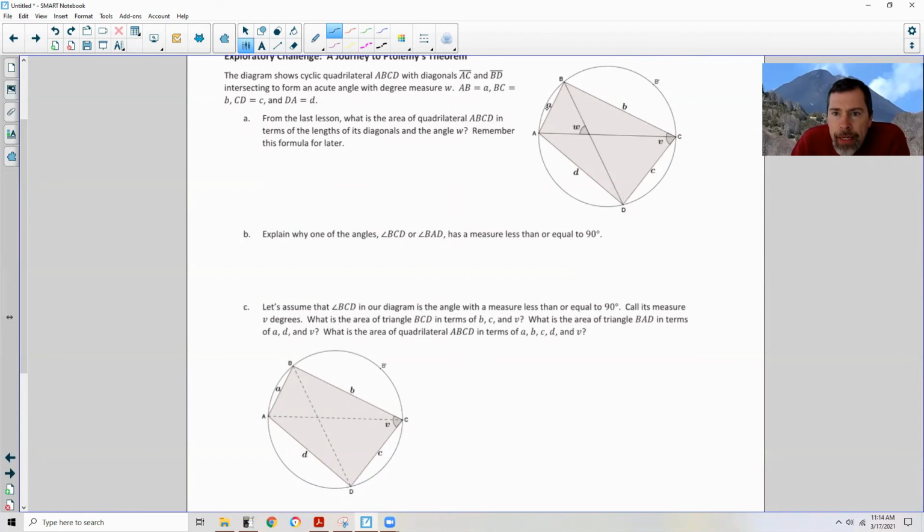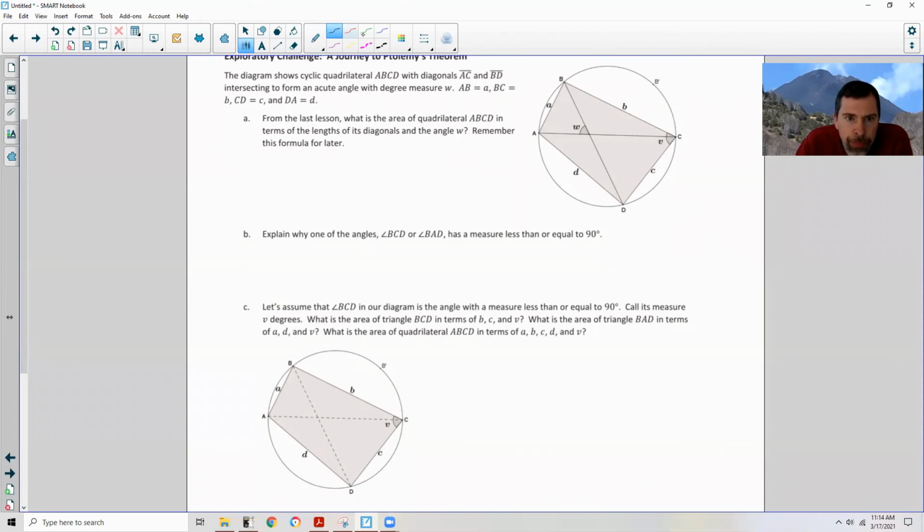AB equals a, BC equals b, CD they're calling c length, and AD is the length of lowercase d, as it says here. So it says from the last lesson, what is the area of quadrilateral ABCD in terms of lengths of its diagonals and the angle W? Remember this formula for later.